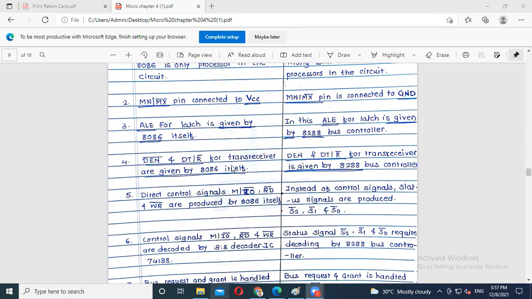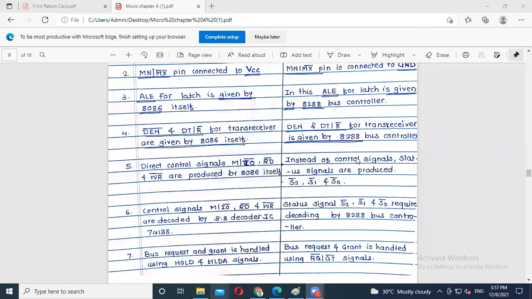So the data enable and data transmitter and receiver are done with the 8086, but it is done with the 8282 in the maximum mode configuration.